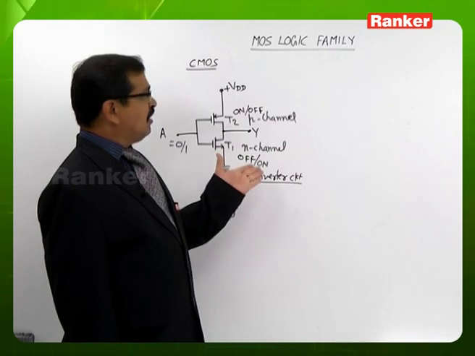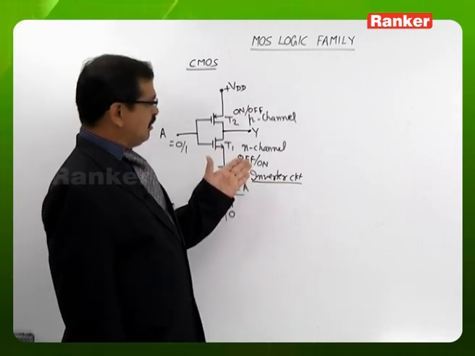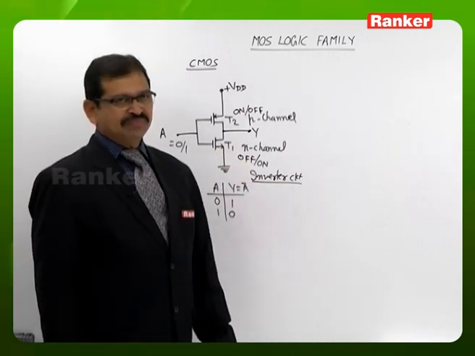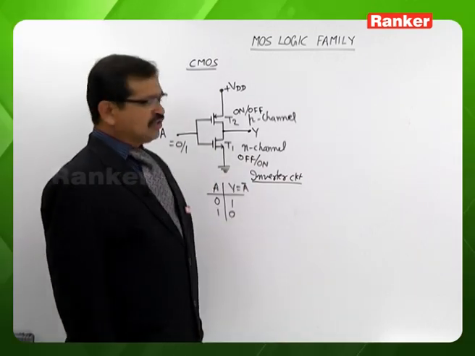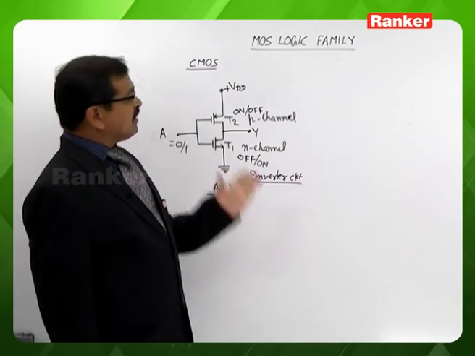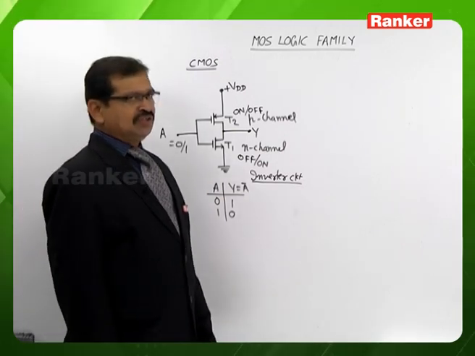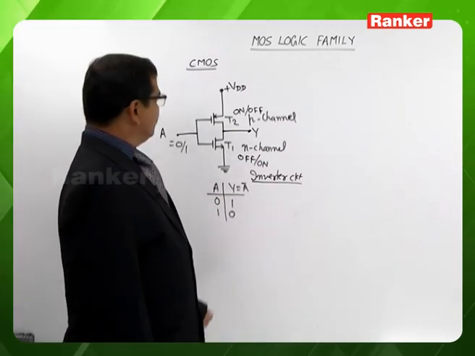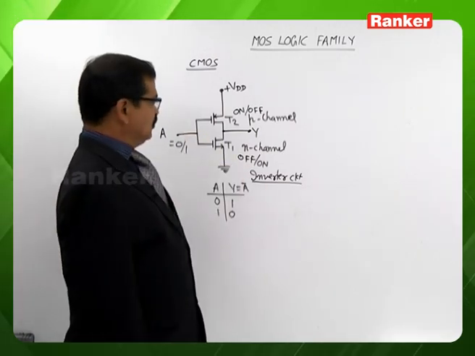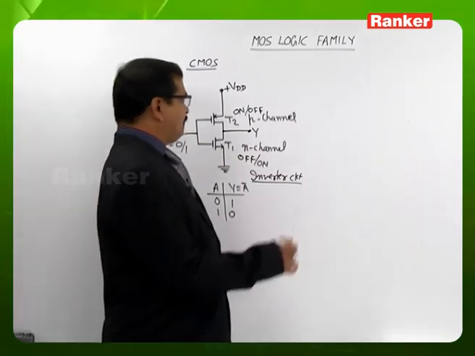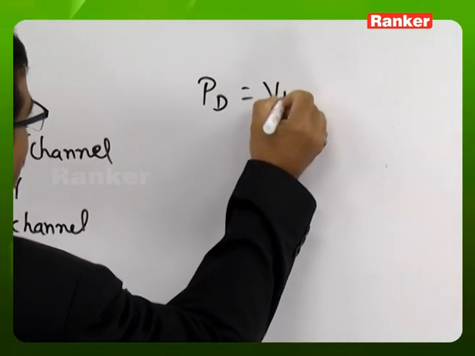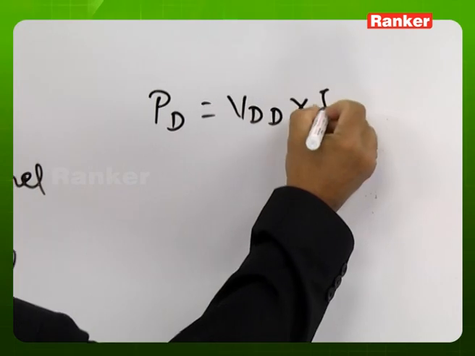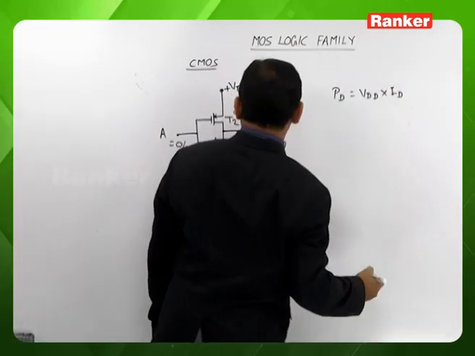Comparing with the N channel logic family ICs or P channel logic family ICs, the advantage of these CMOS logic ICs is that the power consumption of the CMOS logic family ICs is less comparing with the NMOS or PMOS logic ICs. The power dissipation, generally we calculate as the supply voltage into the current drawn from the supply.